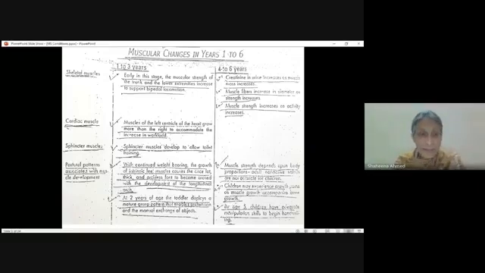Then if we look at the posture patterns due to this muscular development, now the child has stood up. The child is standing. Now all the weight is on his legs and on his hips.